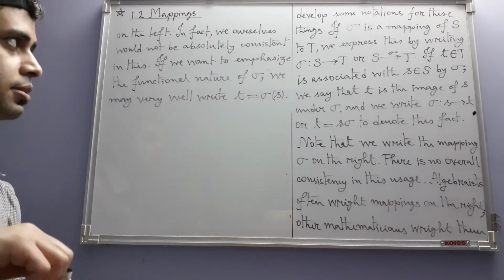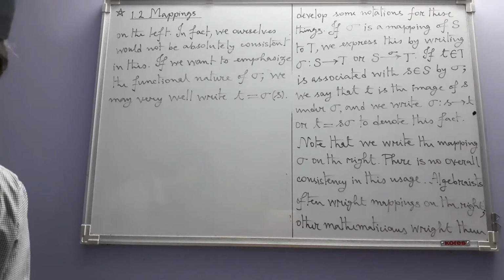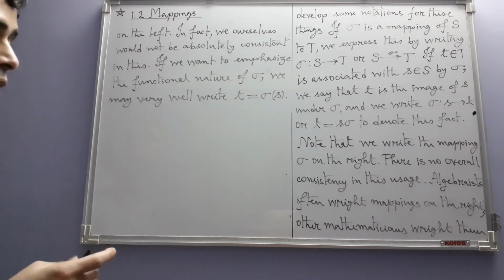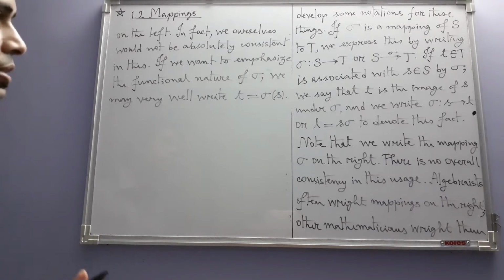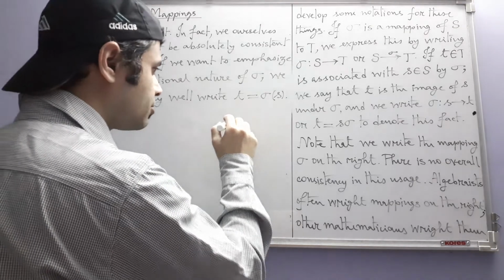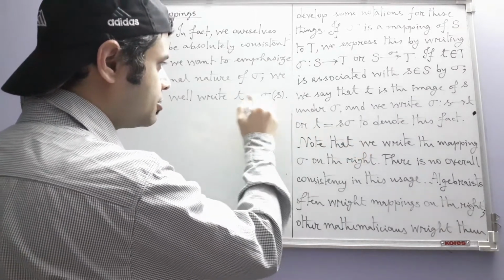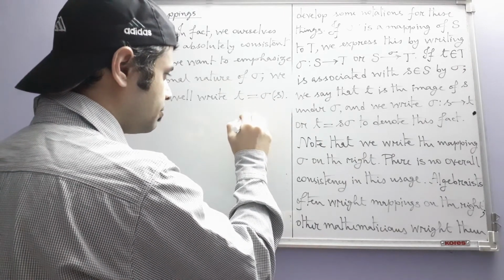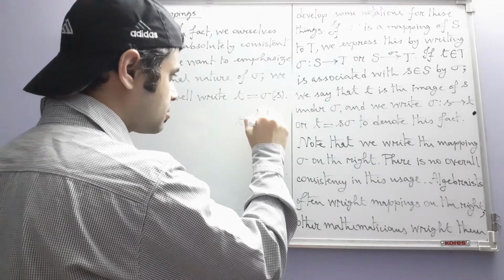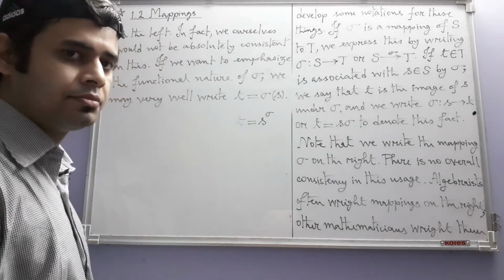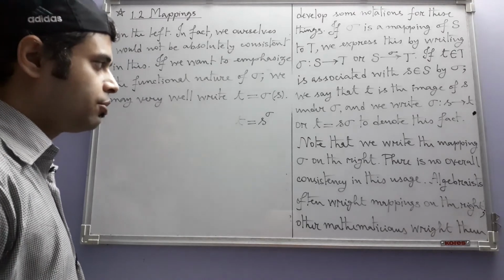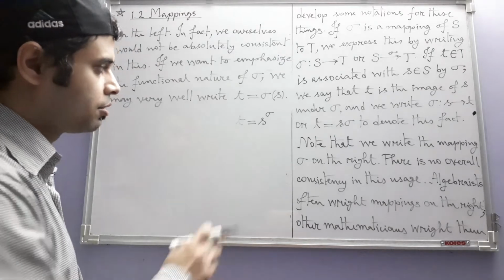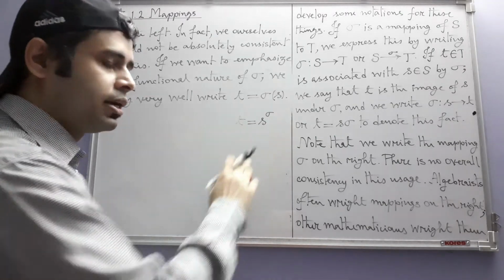Now, since this issue has come up, let me also tell you that there are other ways of writing the same thing. Some people also write, instead of writing like this or this, t equal to s to the power sigma, but I don't know why people write like that, but I have seen it in some book where the mapping appears as an exponent.